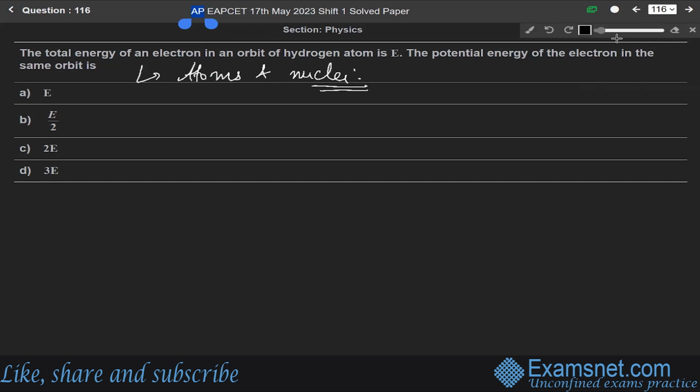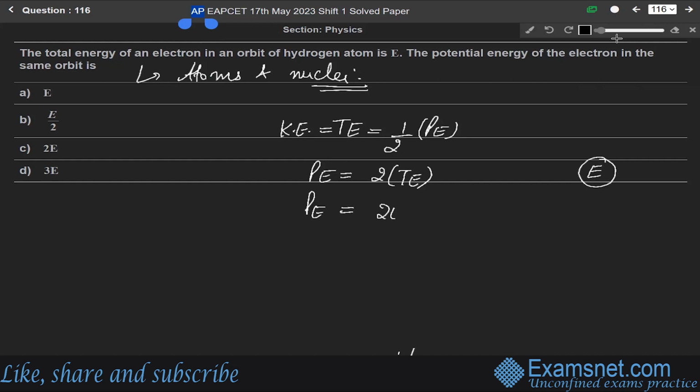We know that the total energy is equal to 1 by 2 times the potential energy, which means the potential energy is equal to 2 times the total energy. So when the total energy is E, the potential energy will be 2E. So the correct answer is option C.